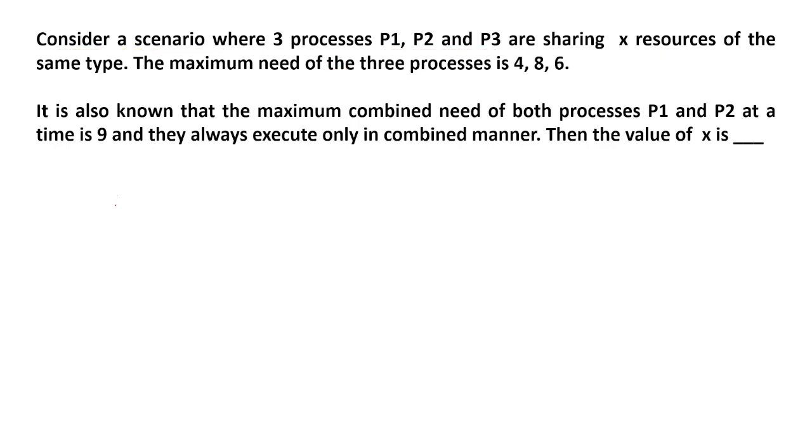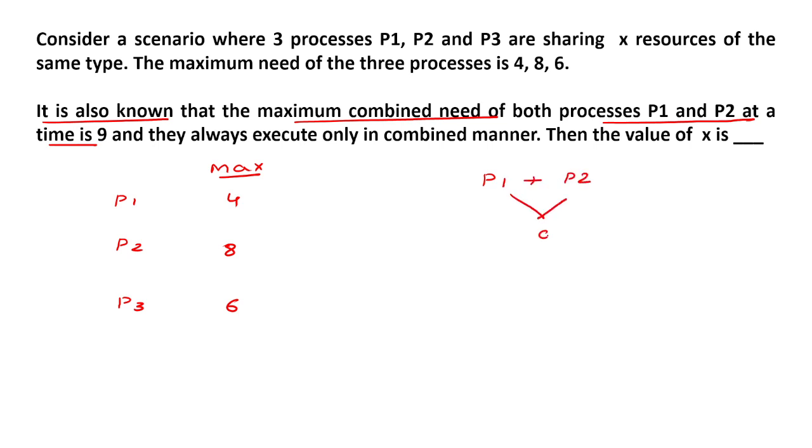So they have given processes P1, P2 and P3, and their maximum need is 4, 8 and 6. It is also known that the maximum combined need of both processes P1 and P2 at a time is 9. The combined need of P1 and P2 is 9, and they always execute only in a combined manner.